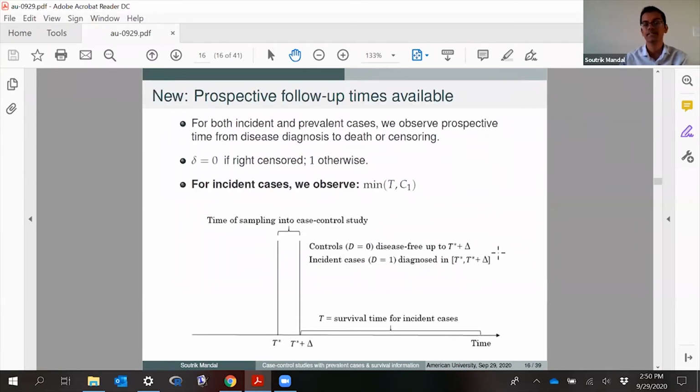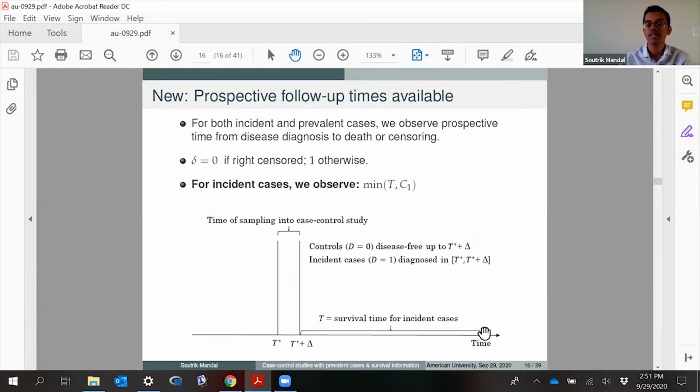So now let's look at the new information that we have, which is that the prospective follow-up times are now available. For both incident and prevalent cases, we observe the time from disease diagnosis to death or censoring. Delta denotes the right censoring indicator: 0 means right censored, 1 otherwise. For incident cases, we observe the minimum of the survival time and the censoring time. So let's say this is the survival time for the incident case.